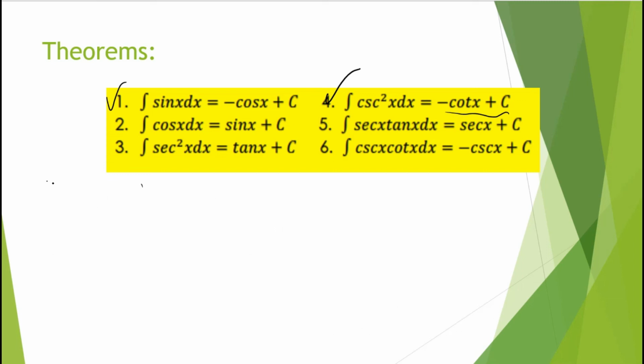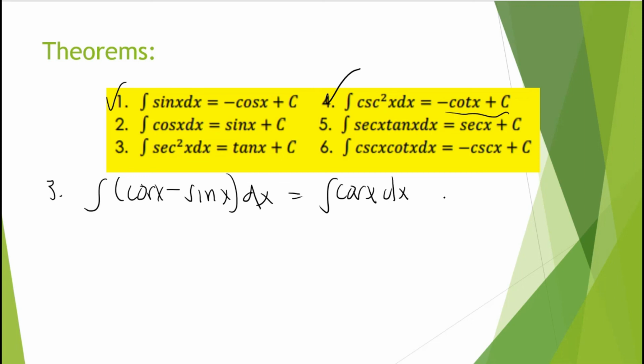Okay, third example. Let's say we have the integral of cosine x minus sin x dx. Dalawang function yan. Mahati siya sa cosine x dx saka minus sin x dx.